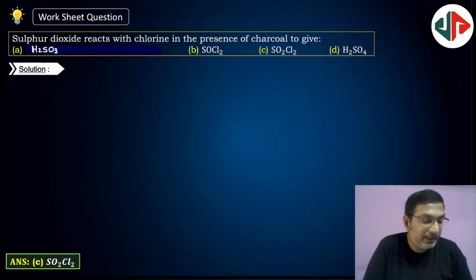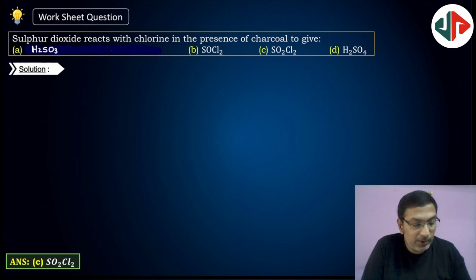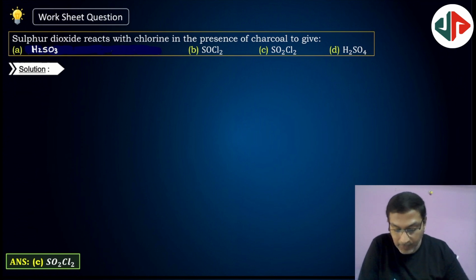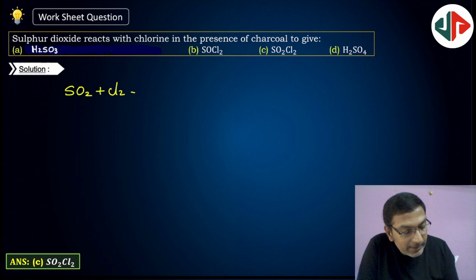Sulfur dioxide reacts with chlorine in the presence of charcoal to give. Charcoal means nothing but carbon form. Here SO2, sulfur dioxide, reacts with Cl2 gas in the presence of charcoal to form SO2Cl2.